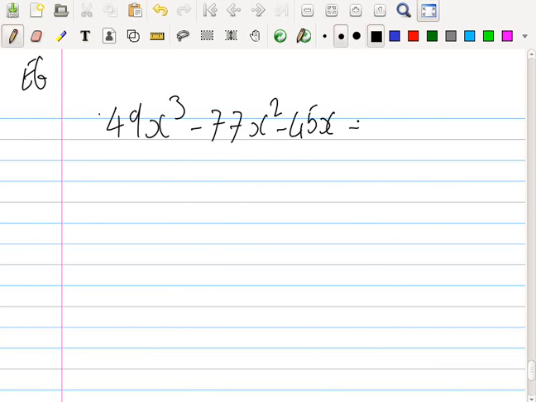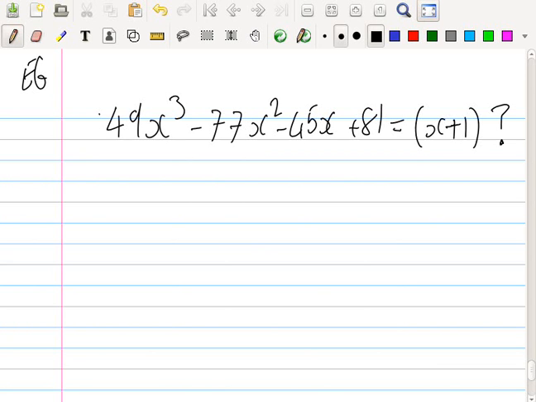Same deal. Example: 49x cubed minus 77x squared minus 45x plus 81. I want the three factors, and I tell you one of the factors is x plus 1.